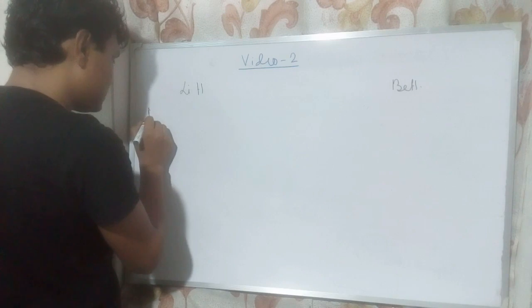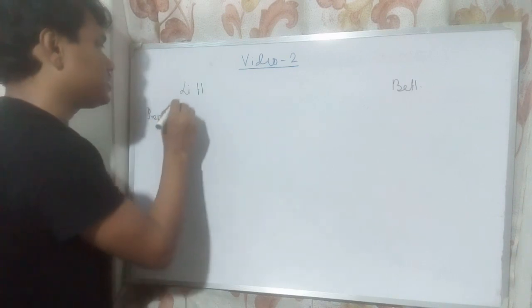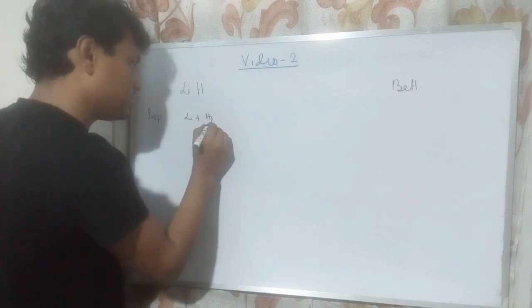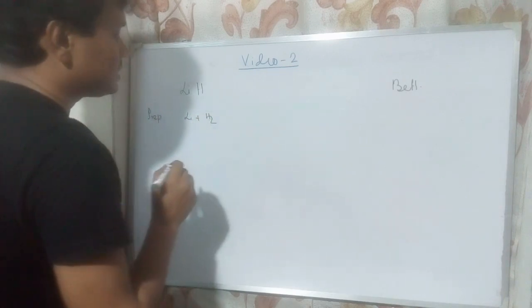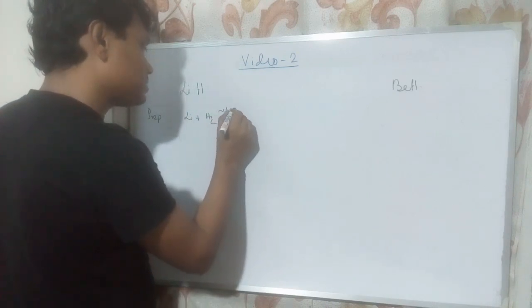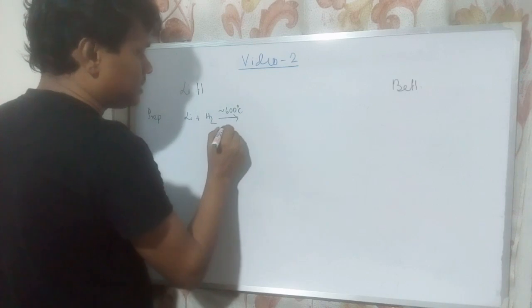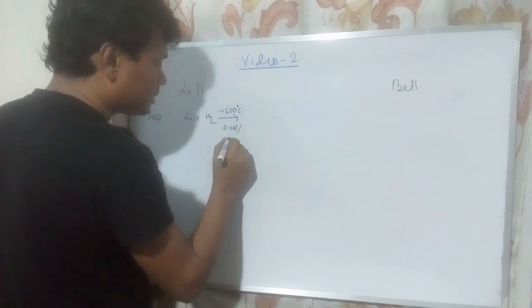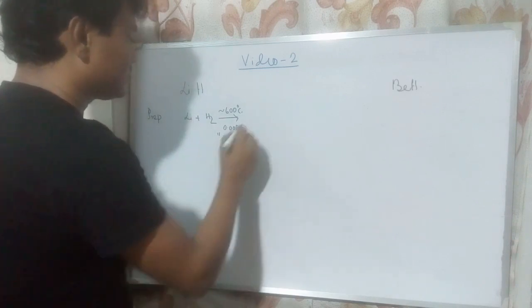So let's take the preparation. Lithium hydride can be prepared directly from lithium plus hydrogen, but it requires a little high temperature, which is around 600 degrees centigrade, and a very small amount of carbon as catalyst.